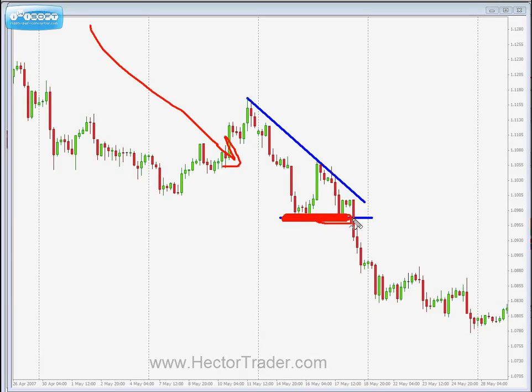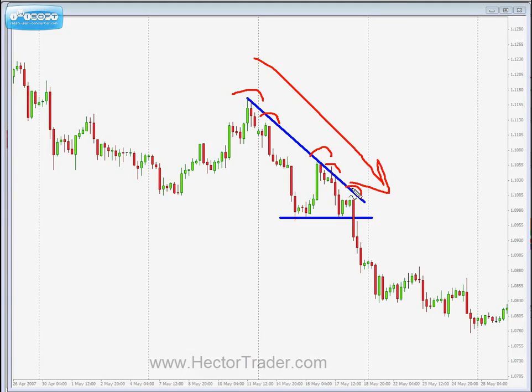This is the main level you want to set your sound alarms to, perhaps a couple of pips below that, and from there simply follow whether you are making lower highs. If you're making lower highs, the pressure is definitely being built to the downside on this very level, and once it gives way, you are good to go to search for a short entry.